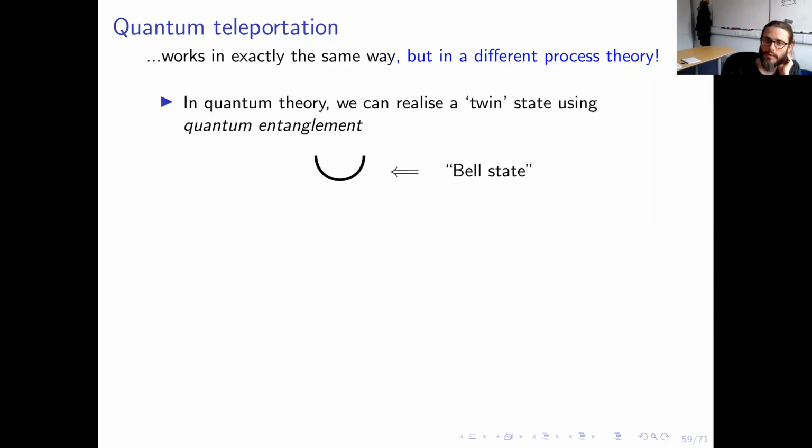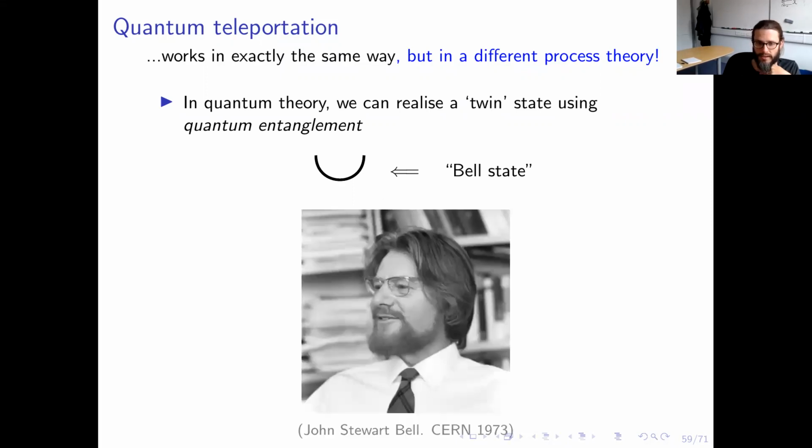Okay, so in quantum theory, we realize the twin state using this thing called quantum entanglement, which is a concept coming from quantum theory. Related things is a certain entangled state called a Bell state, and that's named after John Stuart Bell, a famous physicist.